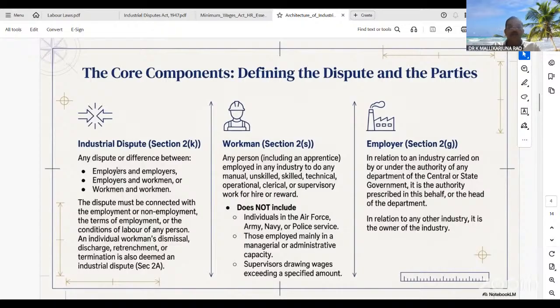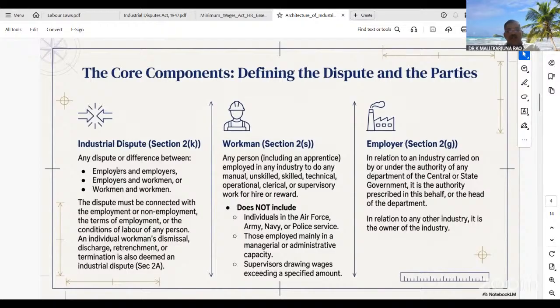The second one is who is a workman. Section 2, subsection S of the Industrial Disputes Act defines any person, including an apprentice, employed in any industry to do any manual, unskilled, skilled, technical, operational, clerical, or supervisory work for hire or reward.